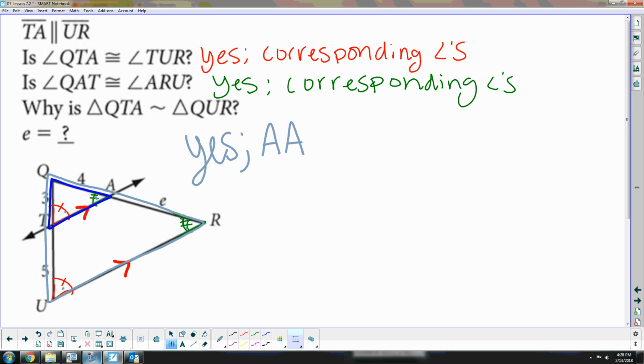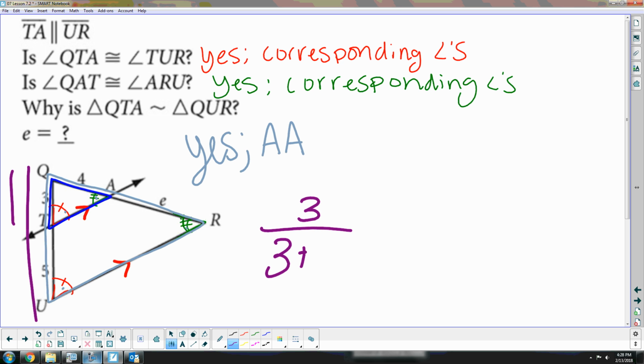So let's look at our proportions that we can set up for our sides, because if the triangles are similar, then the sides are going to be proportional. Okay, so this whole side of the large triangle corresponds to the small side. So the whole side, we'll write the smaller number first. So the small triangle has a length of 3.